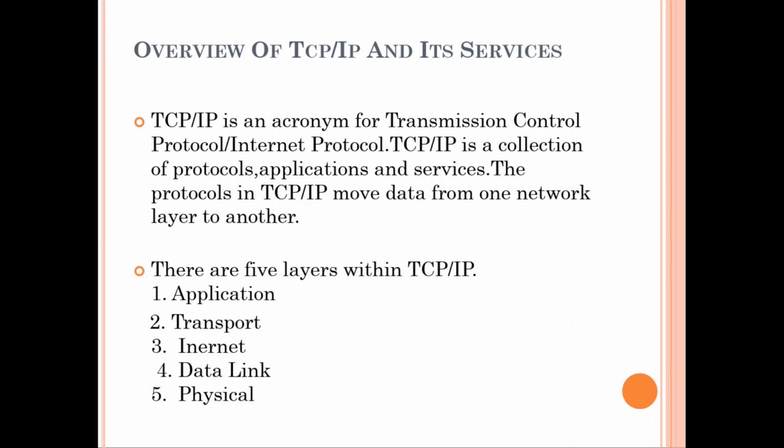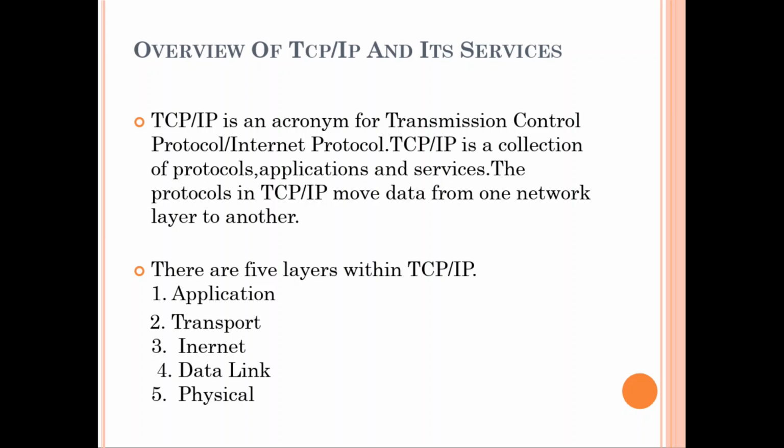There are five different layers in TCP/IP: application layer, transport layer, internet layer, data link layer, and physical layer. As we have learned, and you can check the other playlist of computer networks, there are seven different layers in the OSI reference model, used for different work.